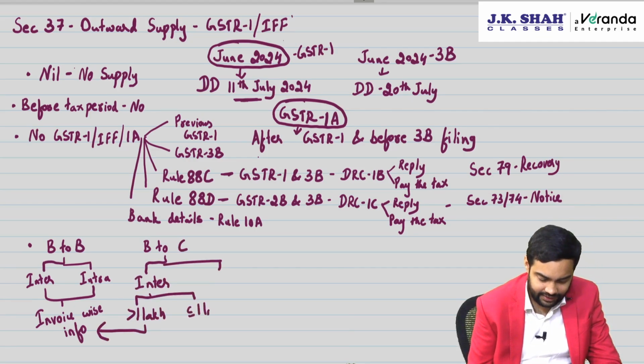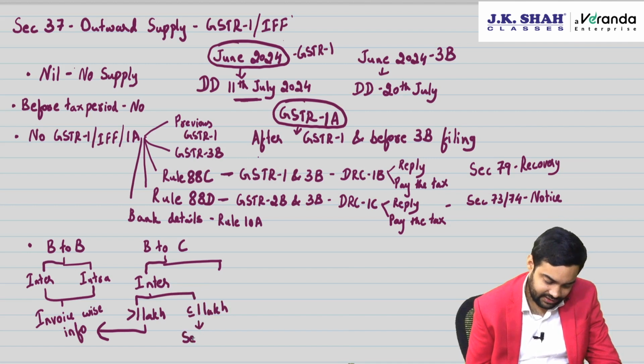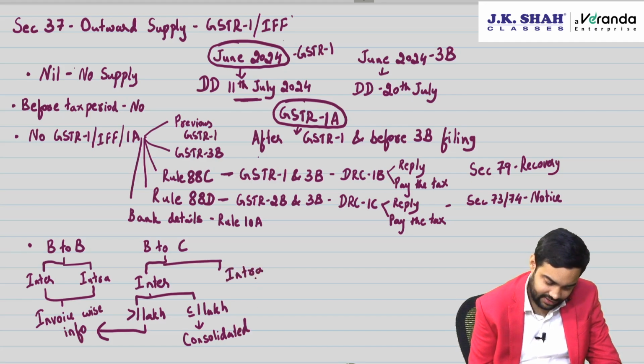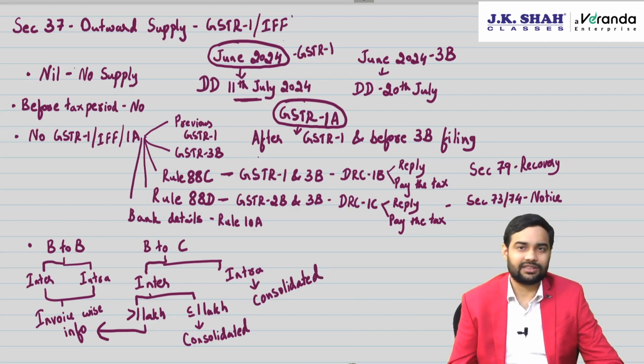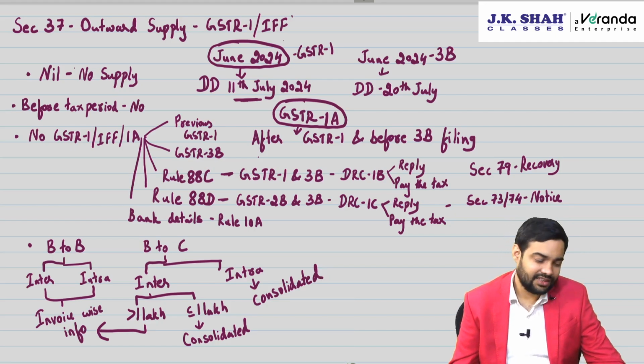Up to 1 lakh, you have to give state wise and rate wise consolidated. And if it is intra, it doesn't matter, even more than 1 lakh, you can give consolidated. But you have to give rate wise, because for each rate separate reporting has to be done. So these are the points related to section 37.